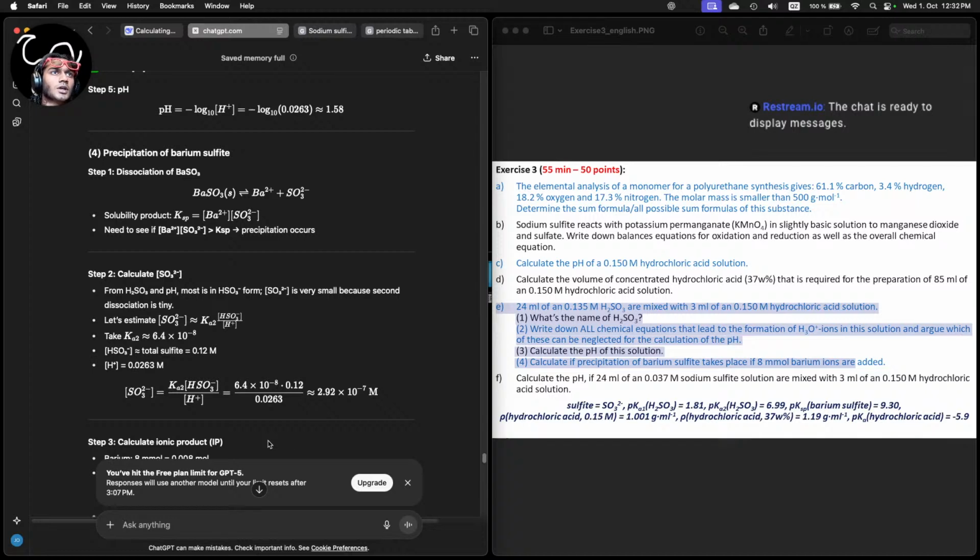Calculate SO3 2 minus from H2SO3 and pH. Most is in HSO3 minus form. Second pKa1, pKa2.